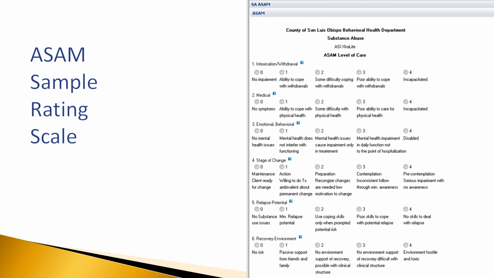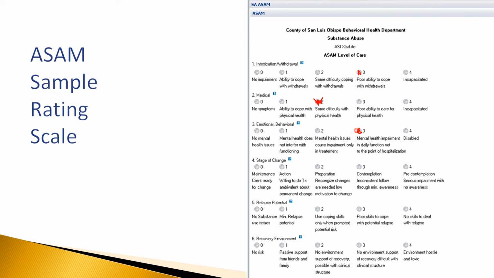And you would go through and check the different boxes that apply for that client. Sorry, I'm kind of trying to mark the bubbles here for you so you can see how it goes. And then you would go through and score, so to speak, loosely look at the ASAM.